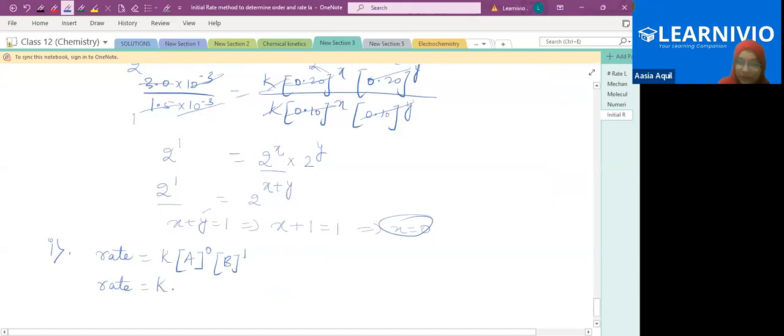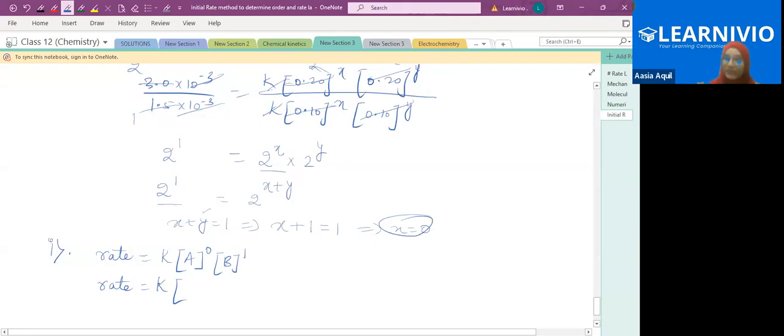So the rate of reaction just depends on the concentration of B, not the A. You asked me once what is the role of order, why we use order. You can see if the order is 0, the rate of reaction doesn't depend on the concentration of A because its order is 0.